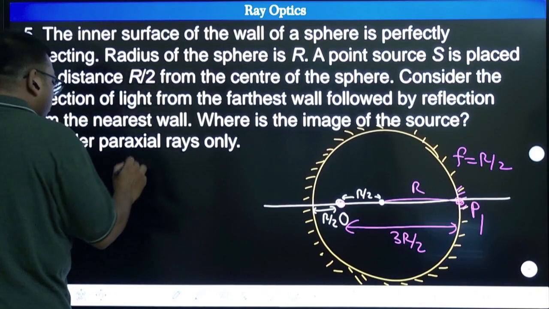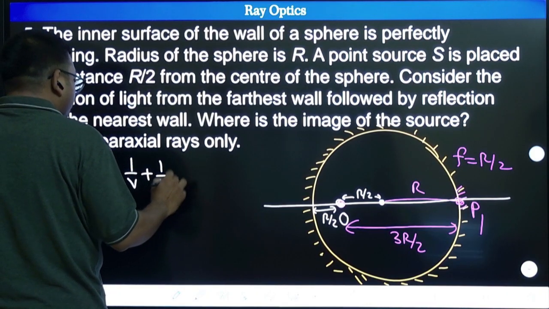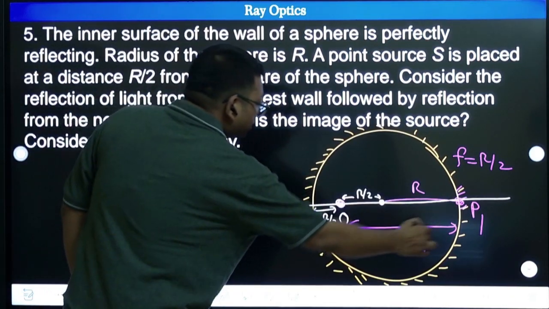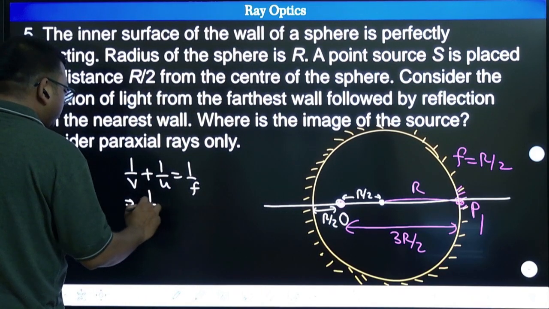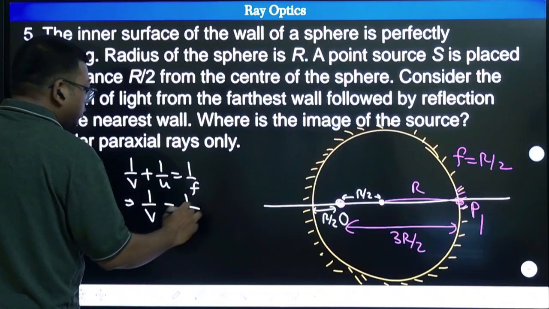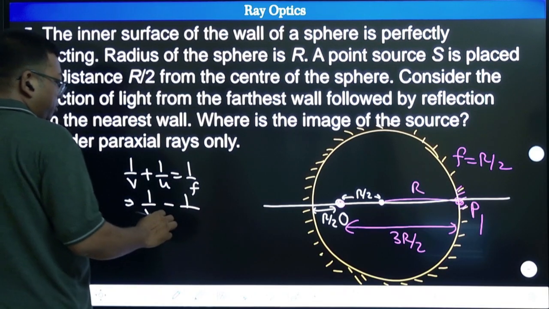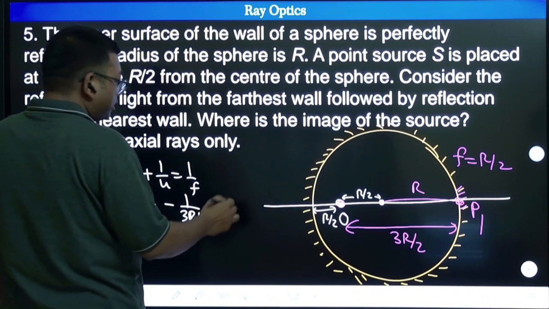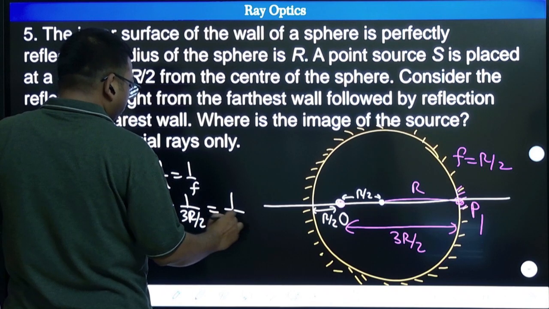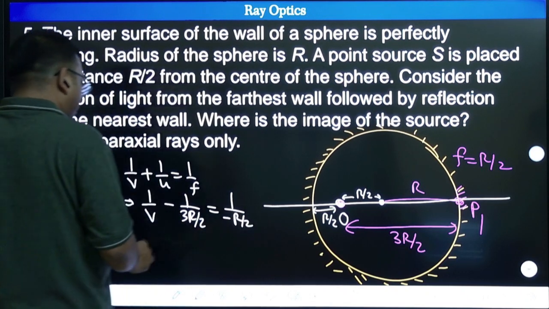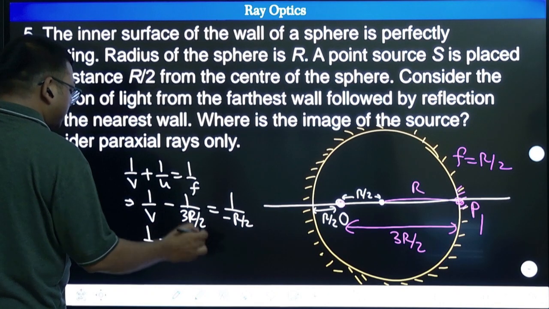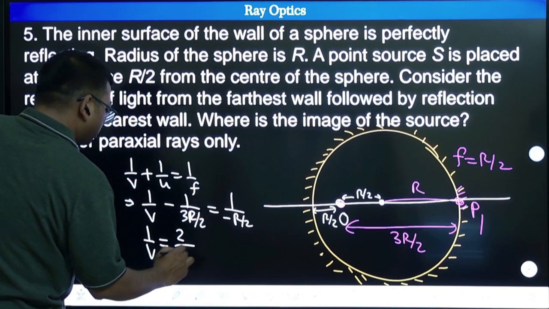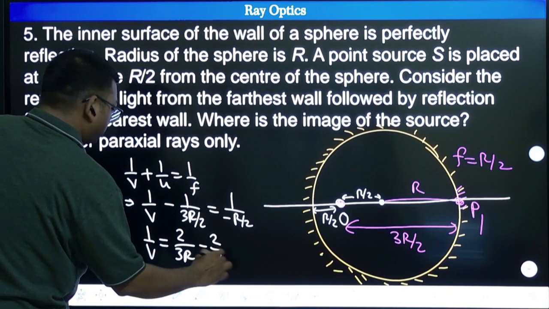Let us try that. 1 by V plus 1 by U is 1 by F. For that surface, object distance U is minus 3r by 2. Focal length is also negative, so F is minus r by 2. Calculate this. 1 by V will become, moving that side, 2 by 3r minus 2 by r.